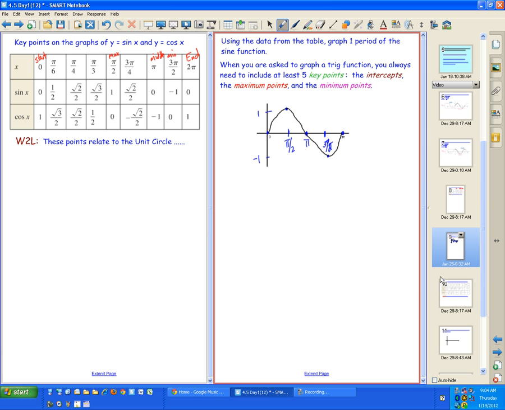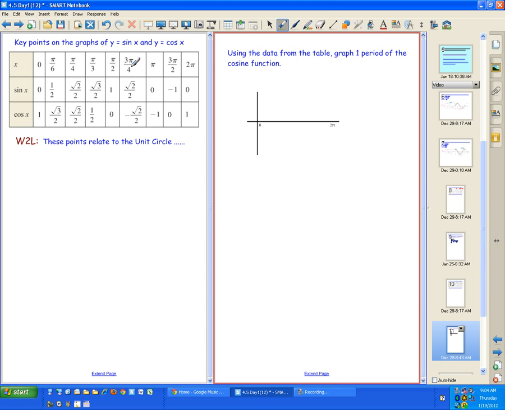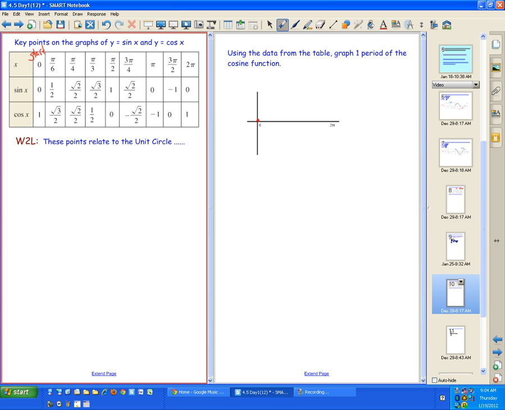So then if we move on here, we're going to talk about the cosine function, and again, when we graph our cosine function, we want to have our starting points. You'll notice that the starting point of cosine is going to be 0 and 1, so I'd put a point there. There's my start. My end, since we know that the period of cosine, we talked about this earlier, is 2 pi, so that would be my ending point.